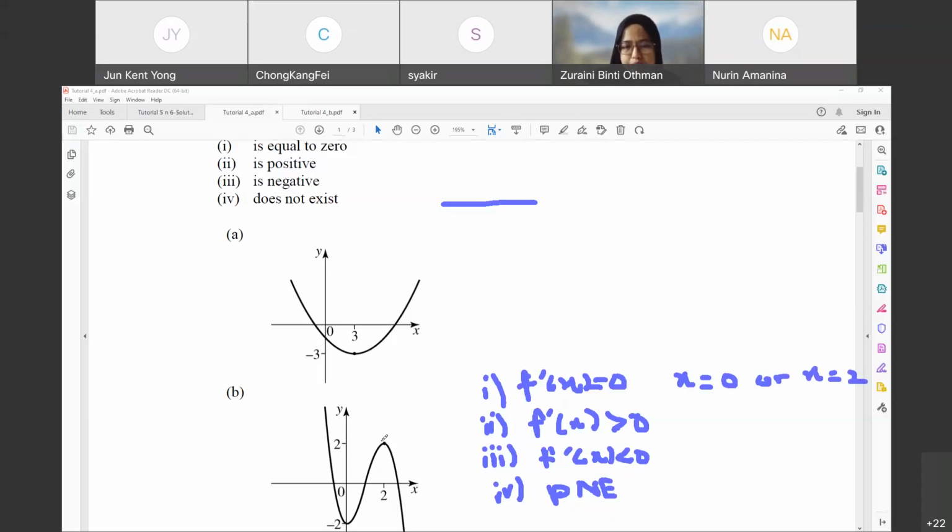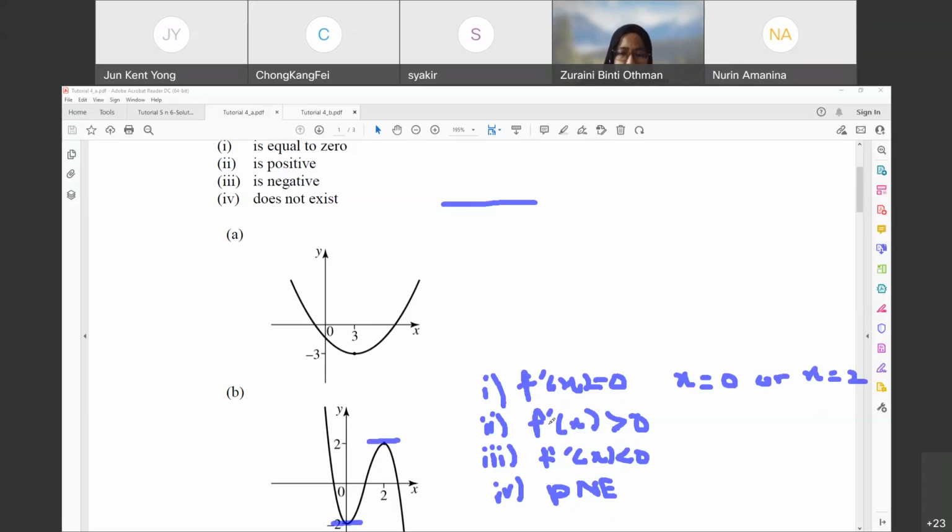Okay, yang lain nampak tak? Sebab bila dia sama dengan kosong, the slope is horizontal. Kita letak one ladder kat situ, kita letak satu tangga, bila dia menyusur ke atas, so kat situ dia akan jadi horizontal. Okay, so the answer is 0 and 2.